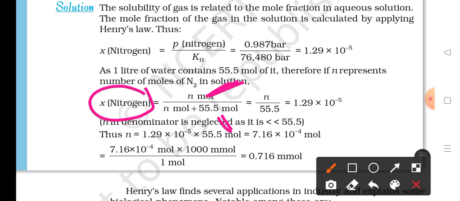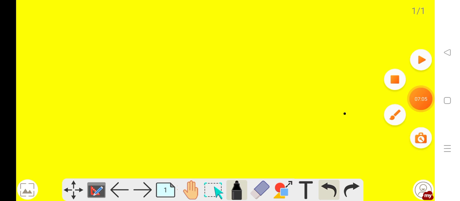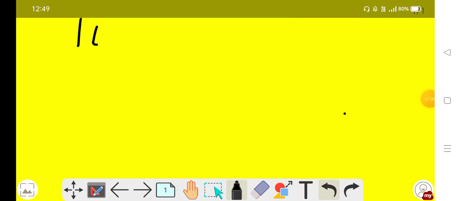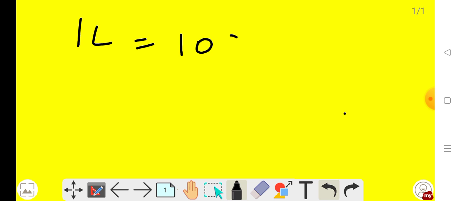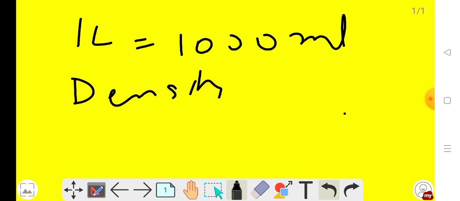How do we come to know that 1 liter of water contains 55.5 mole of it? You have to know it. If you want to know how you get this, wait a second, I am going to explain it to you. We know that 1 liter of water is given, that means 1000 ml. Density equals mass by volume.